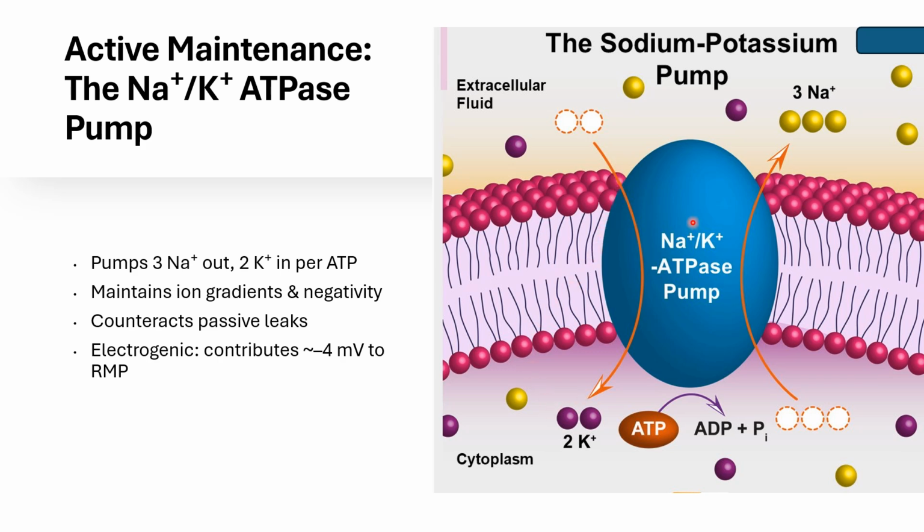Let's pause on that. 3 sodium ions out removes positive charge from the interior, and 2 potassium ions bring back less positive charge than was lost. 3, 2, minus 1, right? The result is both a maintenance of ion gradients and a net negative effect on the inside.